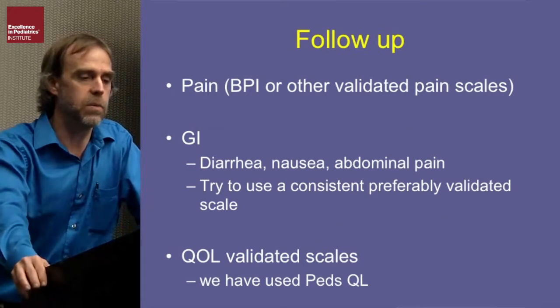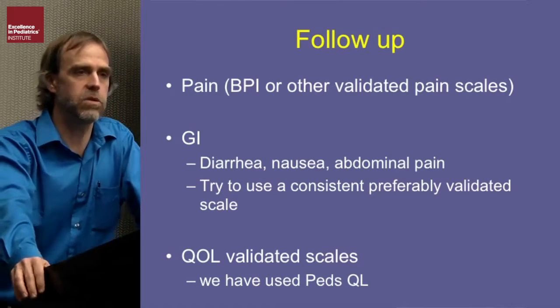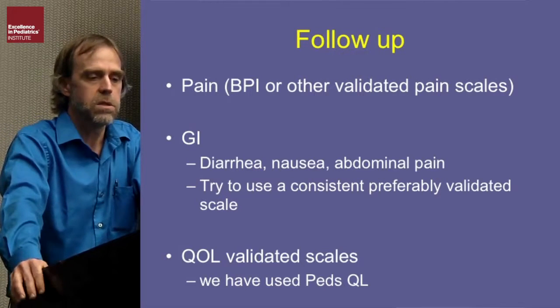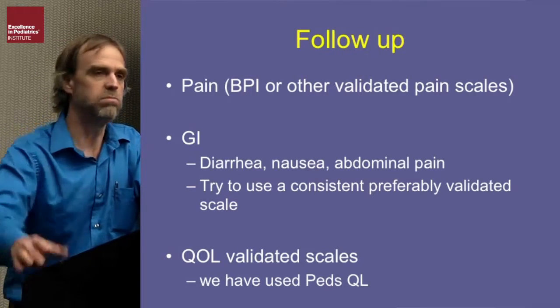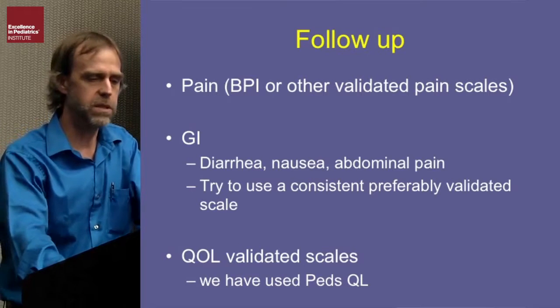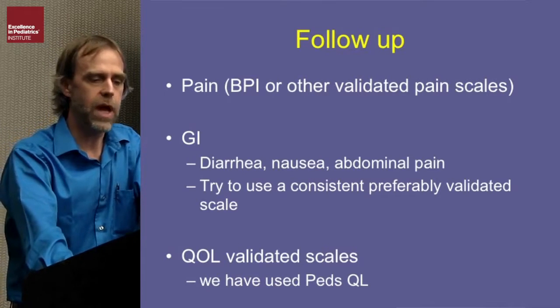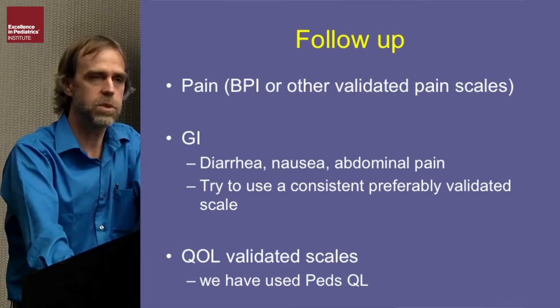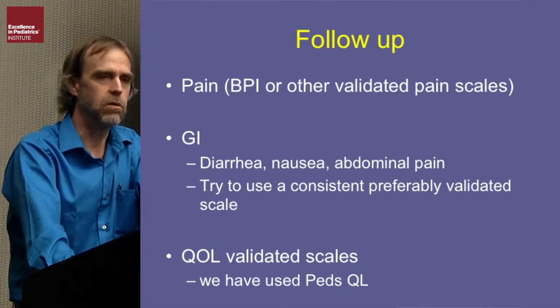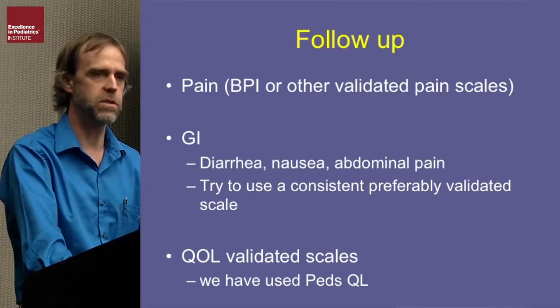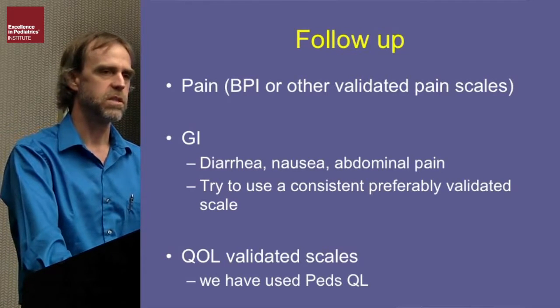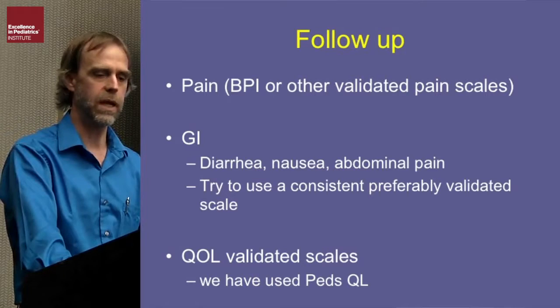Pain, I recommend using a validated pain scale if you can. So the BPI, or there are a number of other pain scales. Always ask your patients about GI symptoms, and if they say yes, they have them, get the details so that you can tell if the symptoms are stable, getting worse, or getting better.